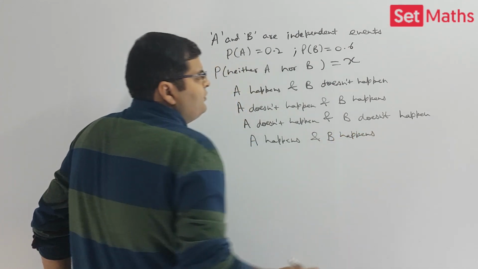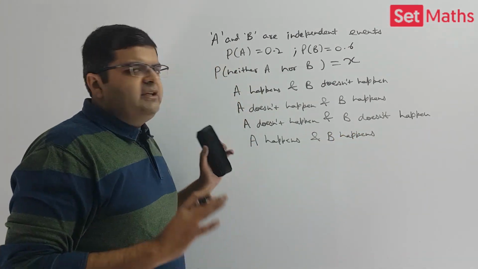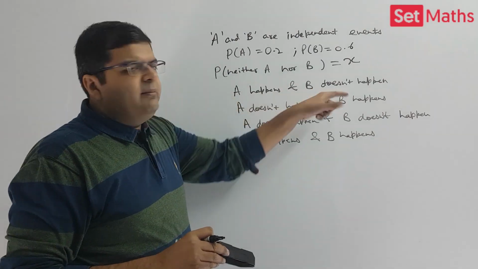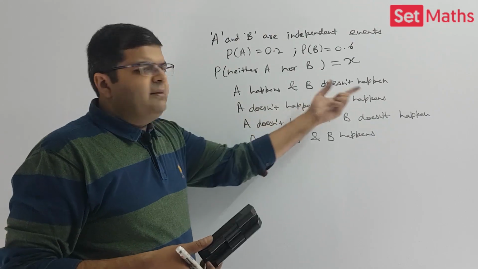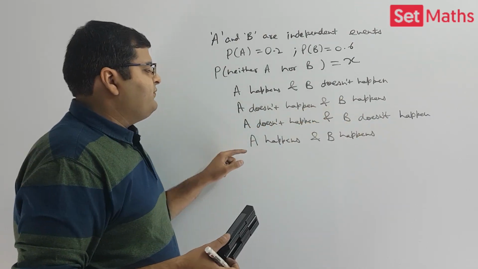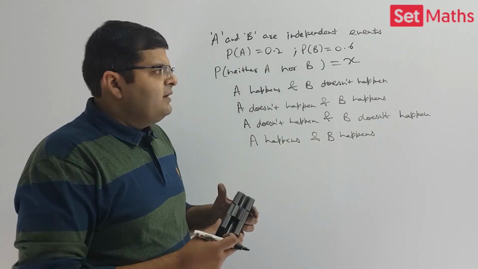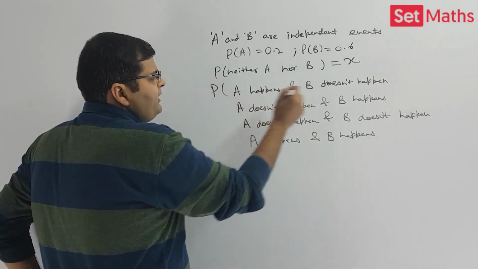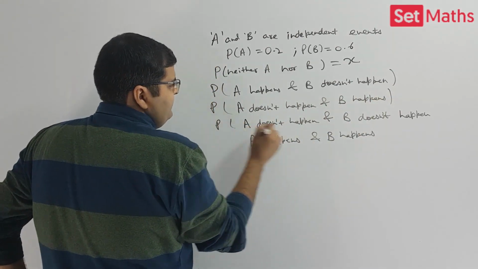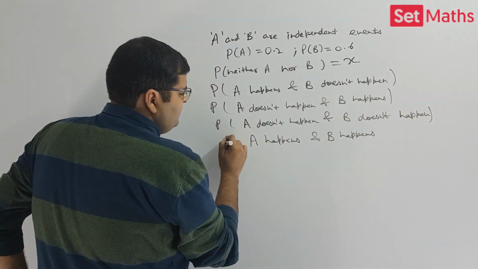Okay, so with two events, there are only these four possibilities. A happening and B not happening, or A not happening and B happening, or A not happening and B not happening, and finally A and B both happening. If we find the probability for each of them, they should add up to 1.